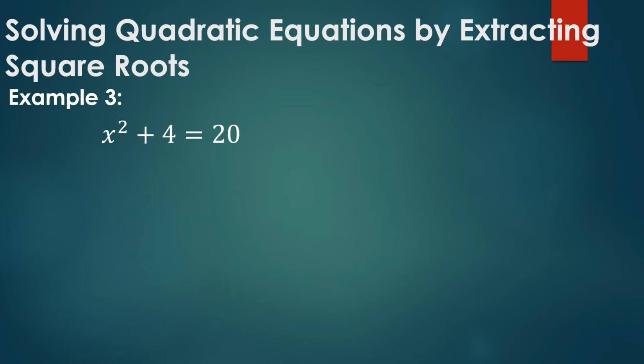Let's have example number 3. In this example, we have x squared plus 4 is equal to 20. In order for us to isolate x squared on the left side of the equation, we have to make positive 4 be equal to 0. How are we going to do that?